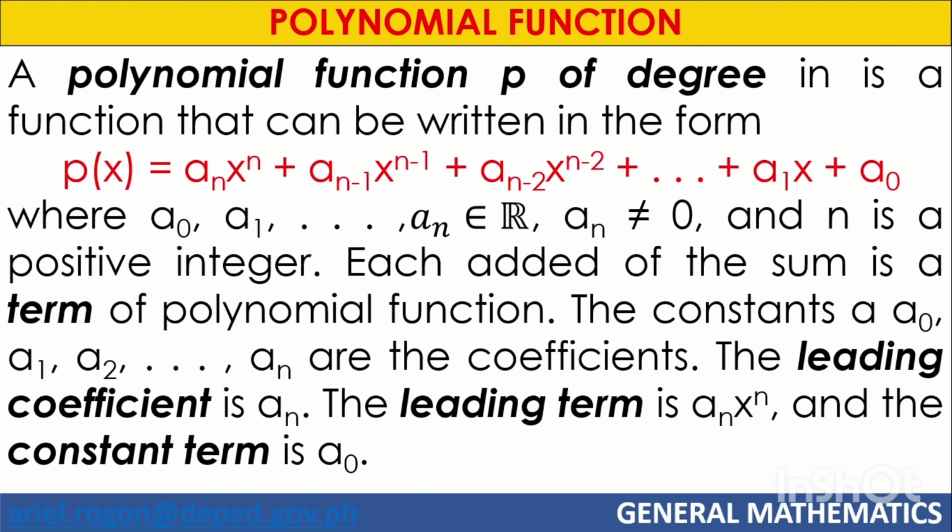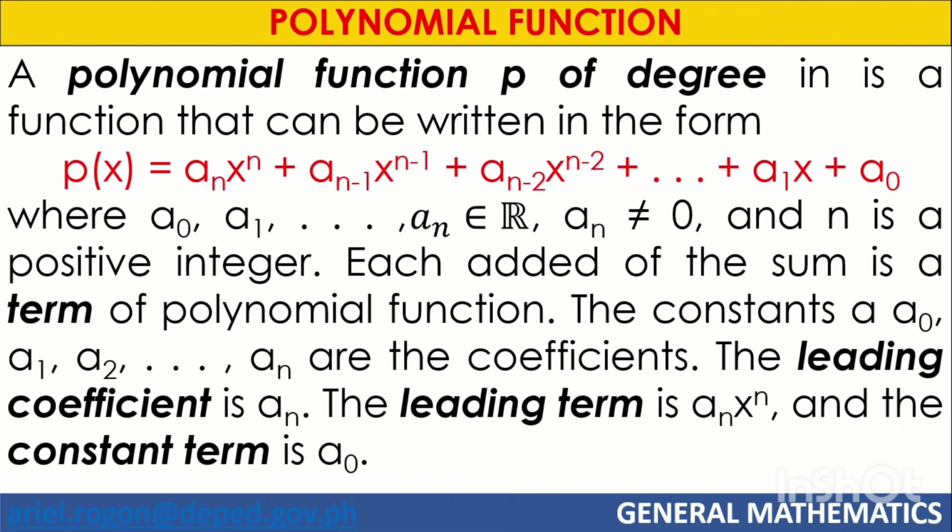A polynomial function p of degree n is a function that can be written in the form p of x is equal to a sub n x raised to n plus a sub n minus 1 x raised to n minus 1 plus a sub n minus 2 x raised to n minus 2 plus and a sub 1 x plus a sub 0, where your a sub 0 and a sub 1 up to a sub n are all real numbers, but your a sub n should not be equal to 0.